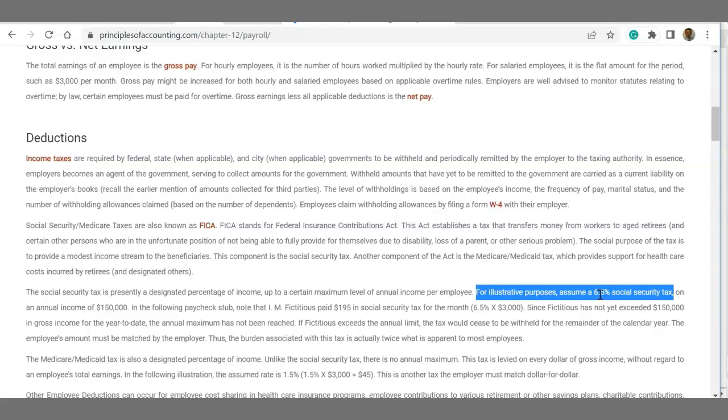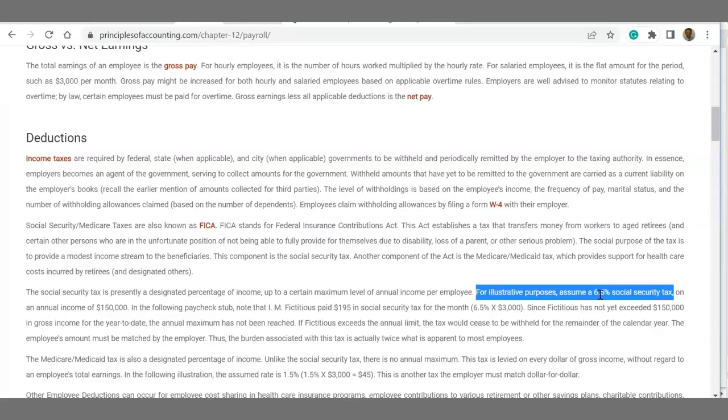However, if you are an independent contractor, the company pays you a check for your job, goods or services you provided, and it will not deduct anything. But then who's going to pay for Social Security? 12.4% completely will be paid by the independent contractor when he files his own taxes.